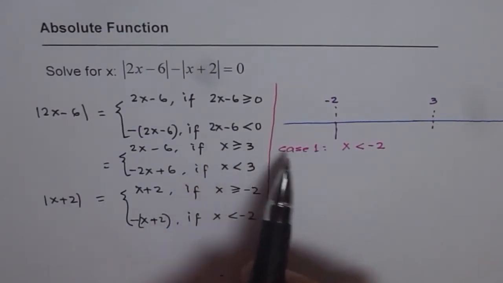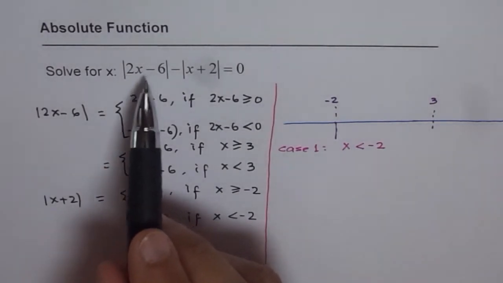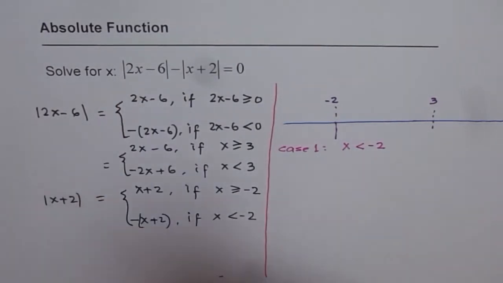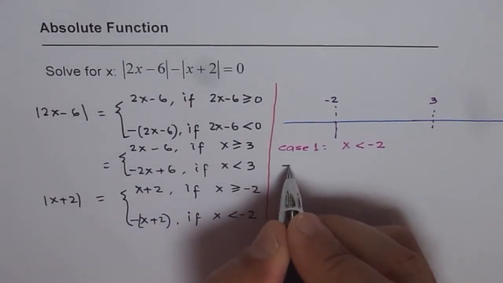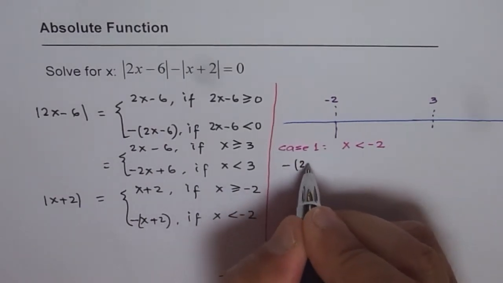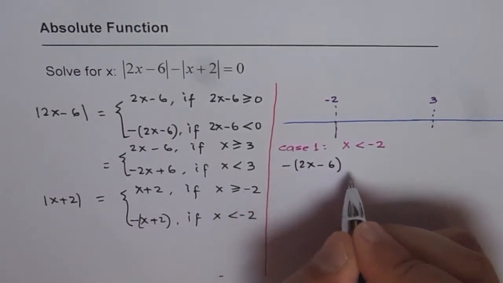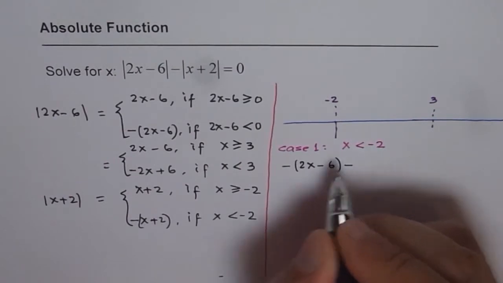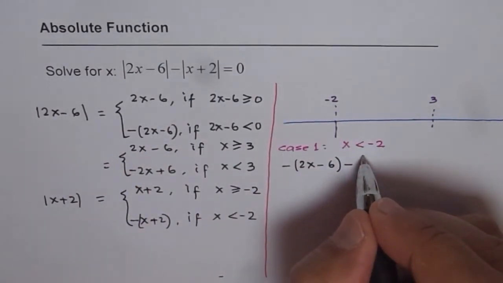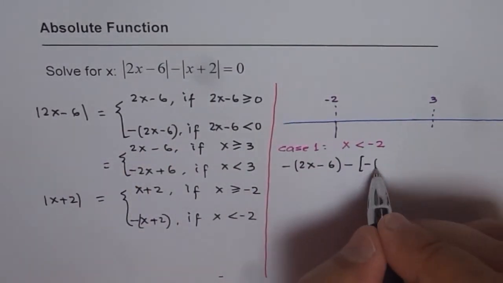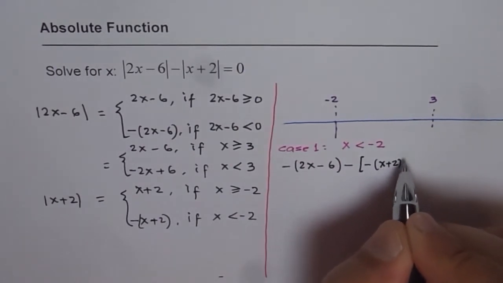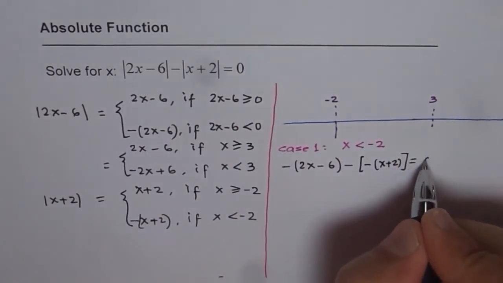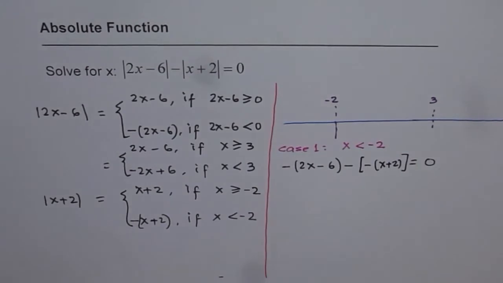And when x is less than minus 2, |2x - 6| is also minus of (2x - 6). So we have this equation as minus of (2x - 6) minus, and |x + 2| is also minus of (x + 2), correct? Equals 0. So that is the equation which we are trying to solve.